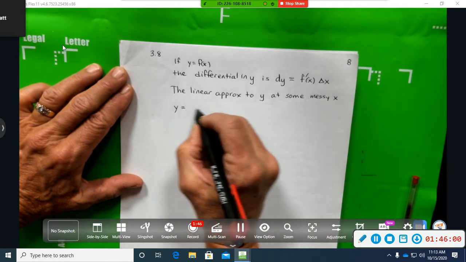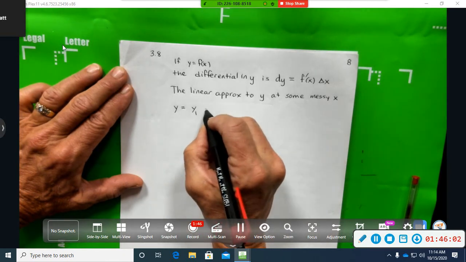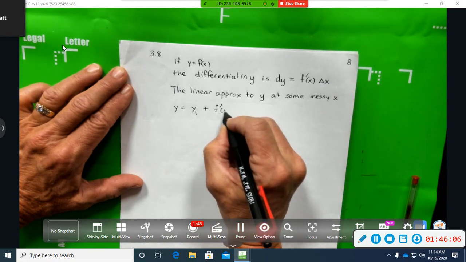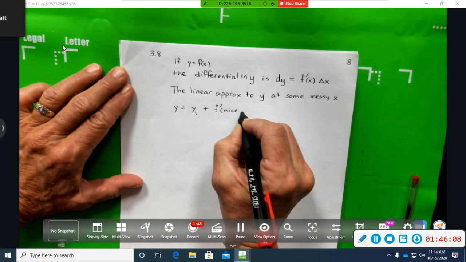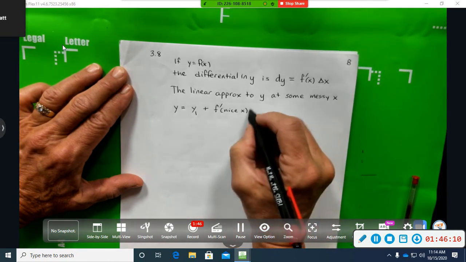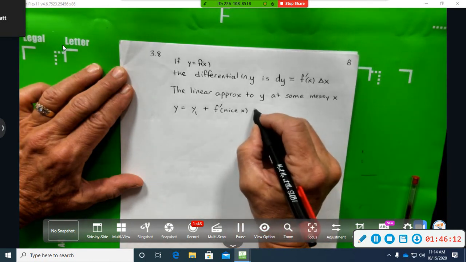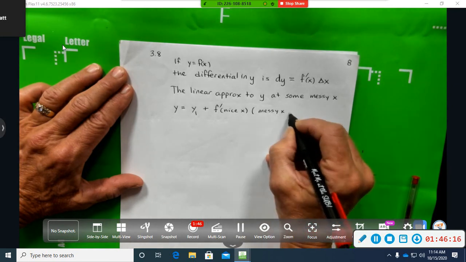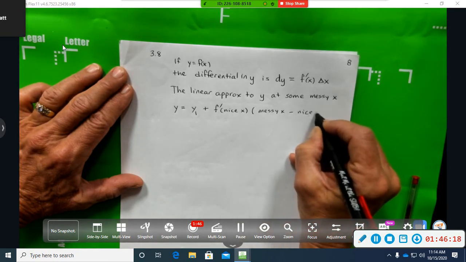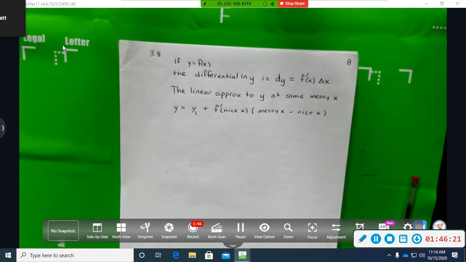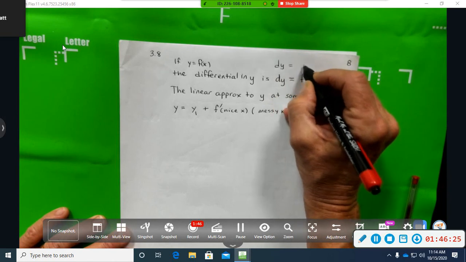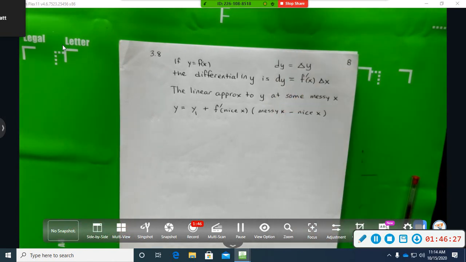Y is equal to y1 plus f prime at a nice x near the messy x times the change in x, where the change in x is the messy x, minus the nice x. The differential in y is something that is used to approximate an exact change in y.